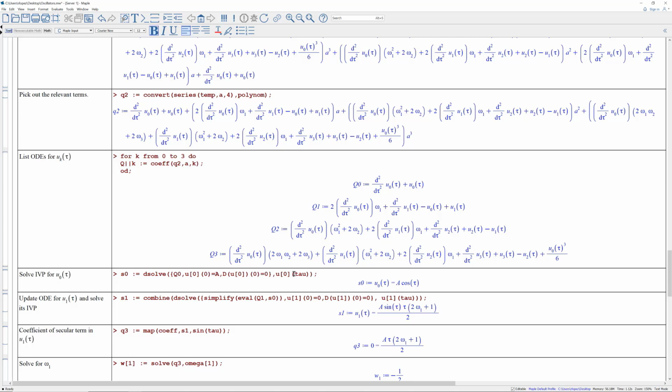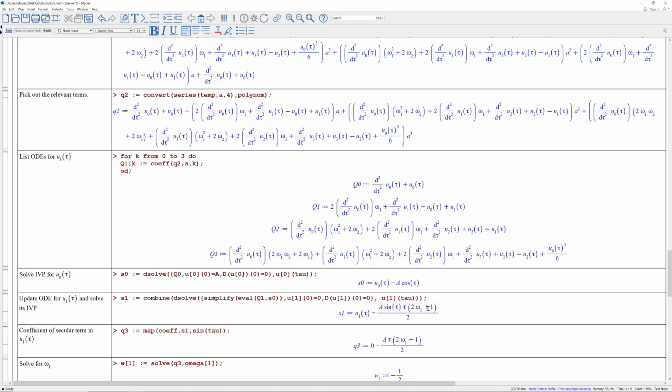You're solving for U0. This is what you discover, A cos tau. Now, to get U1, you need U0. So you've got to make a substitution. I use eval here to make that substitution. The initial conditions are now inert. You solve for U1, and this is what you get.